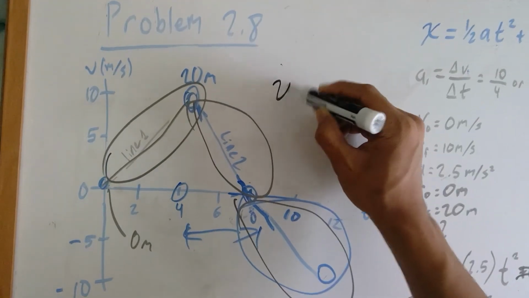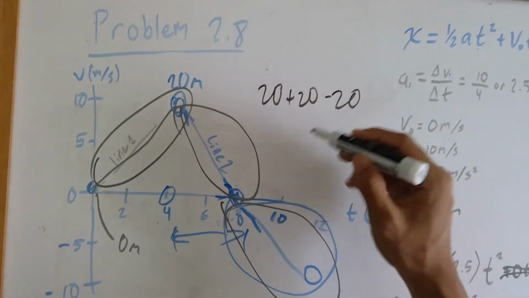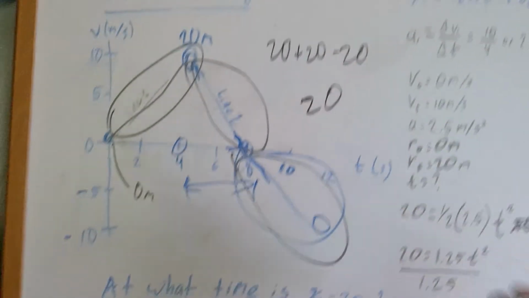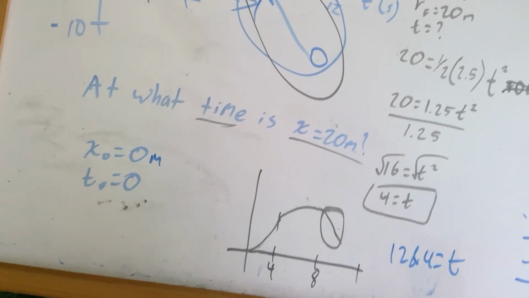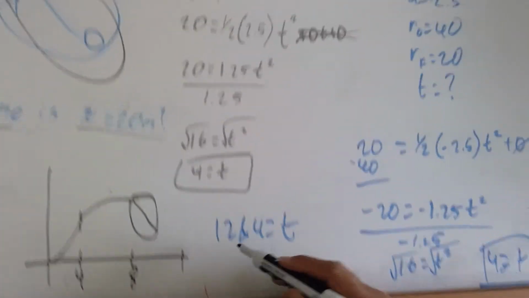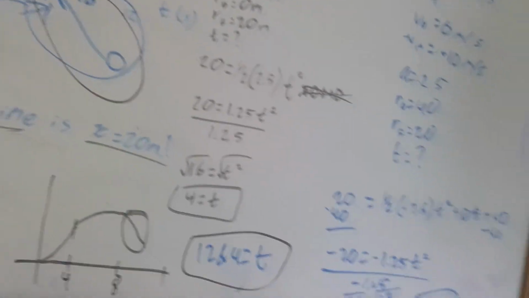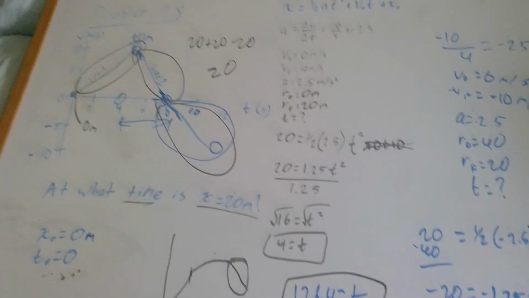So that would just be 20 plus 20 minus 20, which is just 20 again. And that's the answer: x is equal to 20 at 4 seconds and 12 seconds. So, yes.